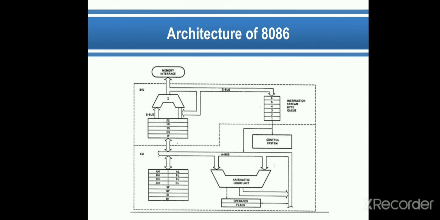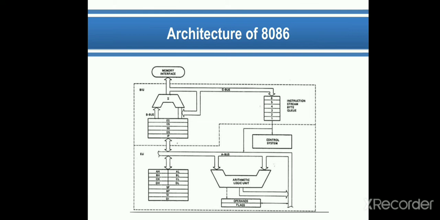In the execution unit you can see AH, BH, CH, DH, and besides these, AL, BL, CL, DL. These are all registers. After that, SP, BP, SI, DI.